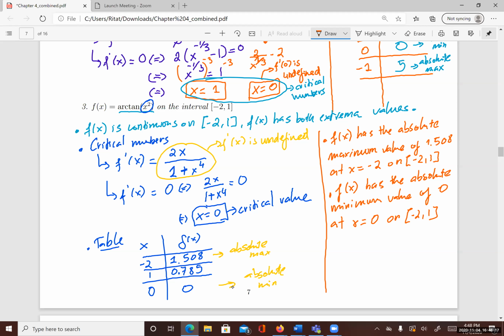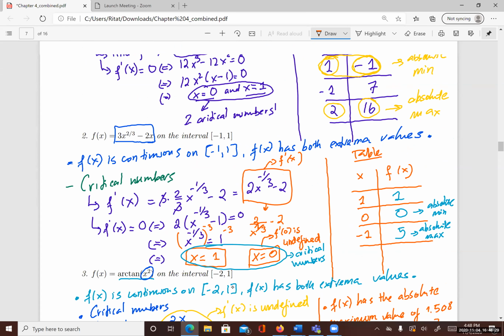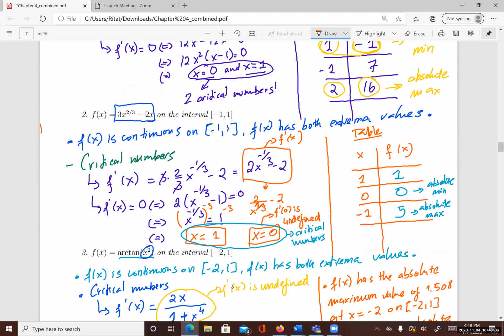So this is how we locate the extrema values of a function on a closed interval following this 3 step process. First, you have to make sure that the function has both extrema values on a closed interval by making sure that the function is continuous on that closed interval.